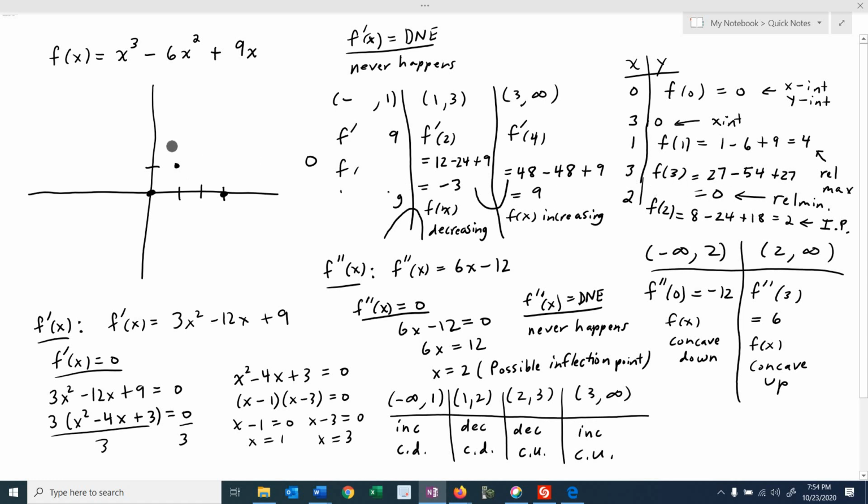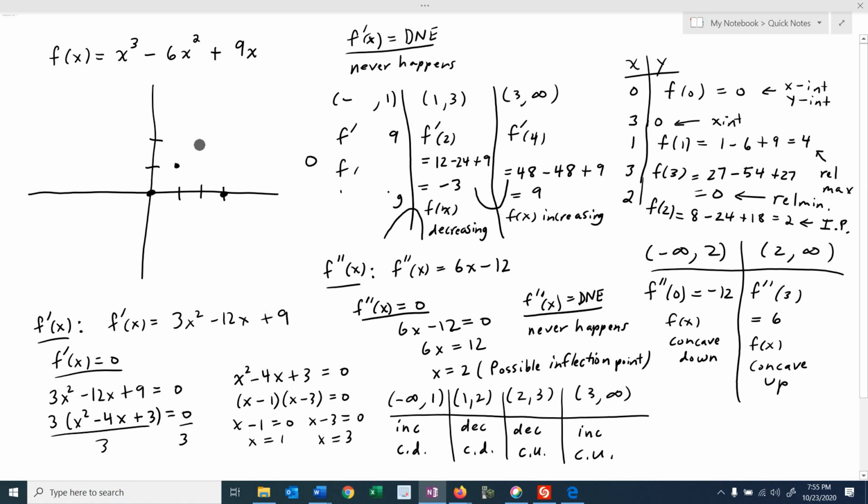Then we have 3, 0, which happens to be an x-intercept as well. That's a relative minimum, so it's going to have to look like that. And then 2, 2 is an inflection point, which is right there.